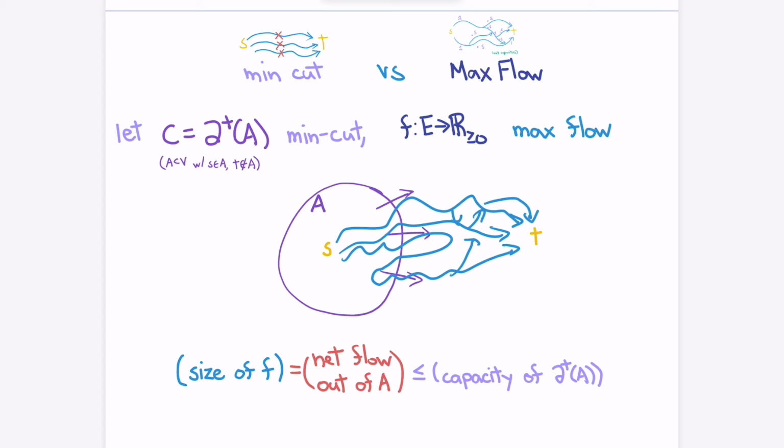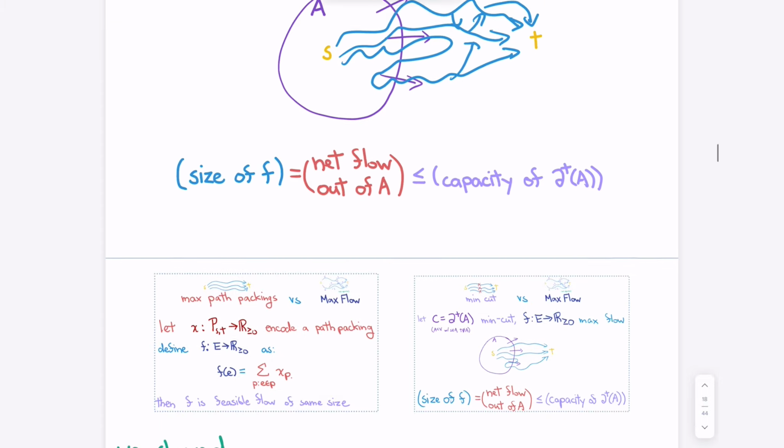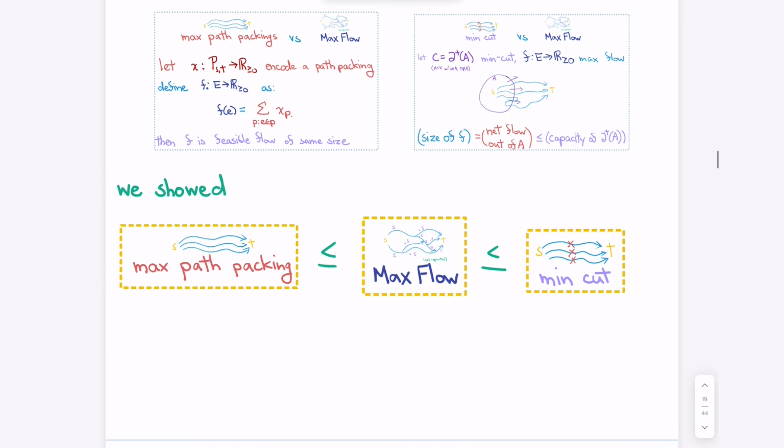So what happens when you put these all together? We showed that max path packing is less than or equal to max flow, because I can take any path packing and turn it into a flow. And I showed that max flow is at most the minimum cut, because the flow leaving S is always constrained by any ST cut. Those two are kind of simpler arguments. But now what's so powerful? Last time we showed that max path packing is equal to minimum cut.